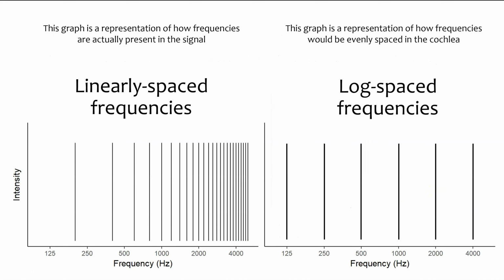So here we have just those same frequencies on this scale on the left. But in the cochlea, if we were to scale frequencies that would be equally spaced, it would look more like this, where we'd have 125, 250, 500, and so on, and that would actually space them roughly equally apart in the cochlea.